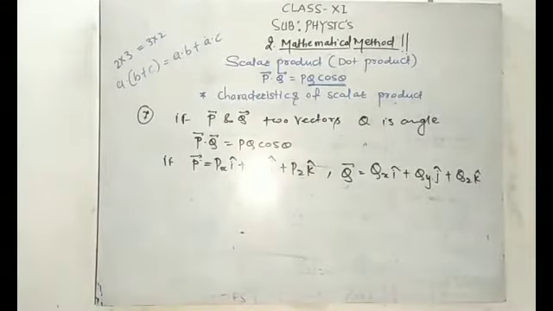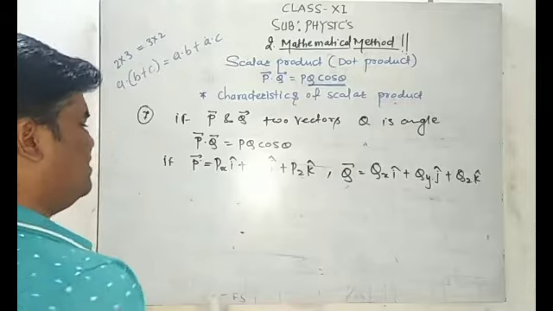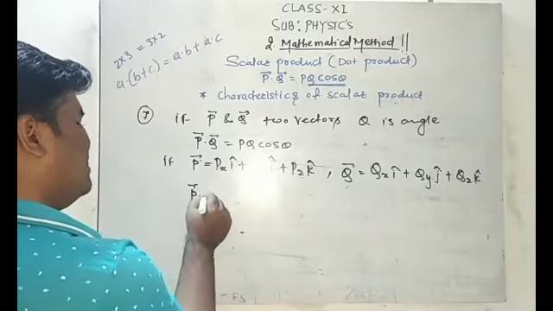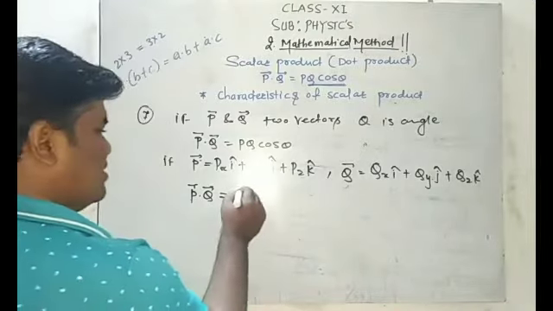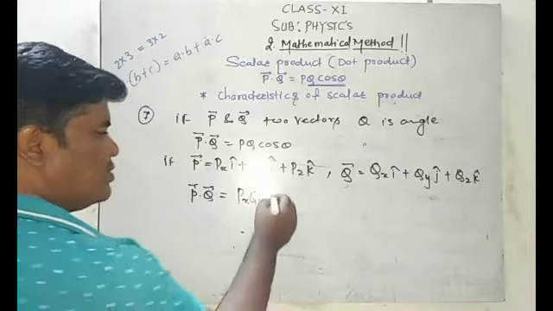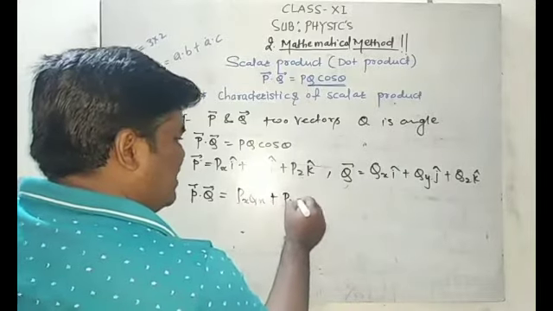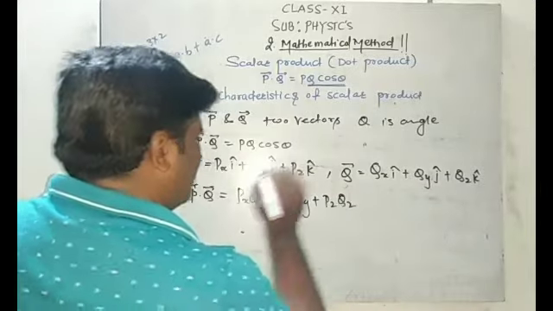So these are the two vectors. Then the scalar product of these two vectors, that is P bar dot Q bar, is equal to Px Qx plus Py Qy plus Pz Qz, right?